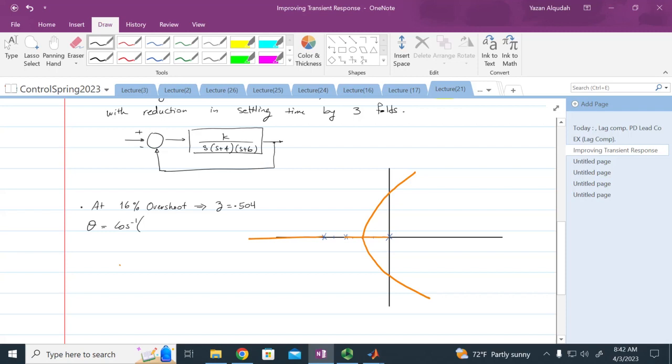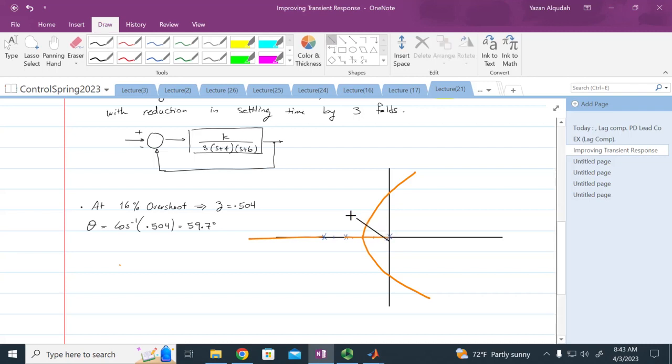And therefore, from zeta, I can know the angle I'm making with the real axis, which is going to equal cosine inverse of 0.504, which is equal to 59.7 degrees. Does that make sense? Everybody, remember this? Okay, so we're going to come here.